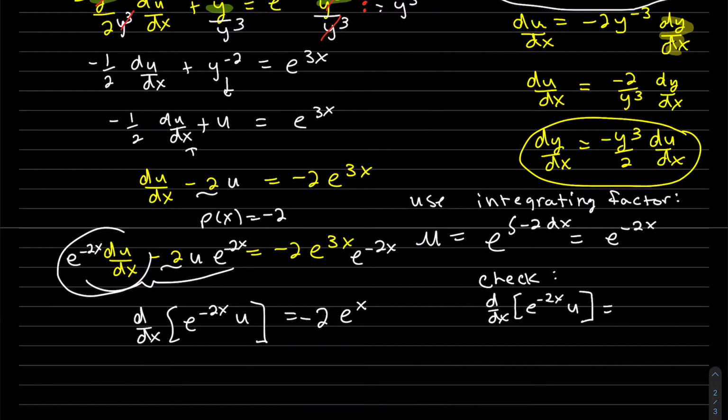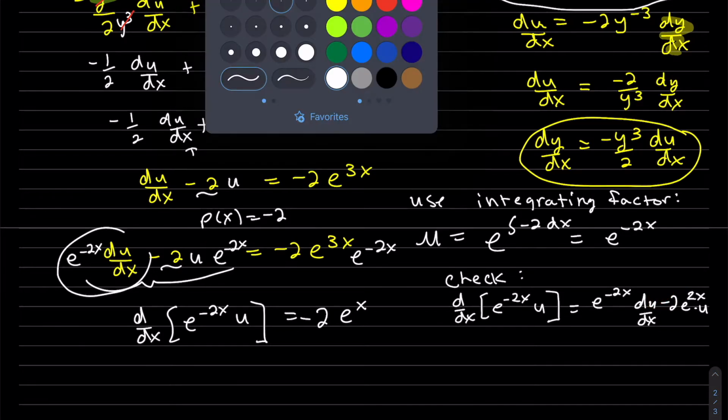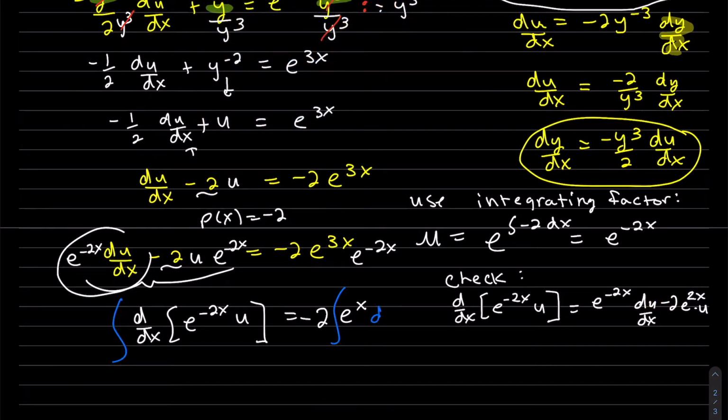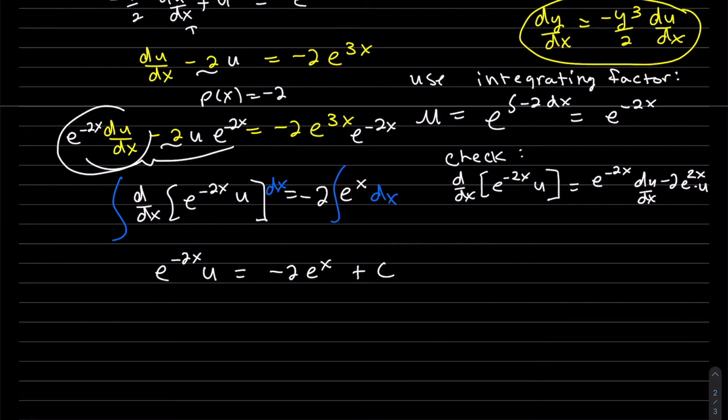So that is e to the minus 2x. And it looks like they check out. Now we can integrate both sides. The integral and the derivative cancel out. There's my plus c. Let's go ahead and solve for u.